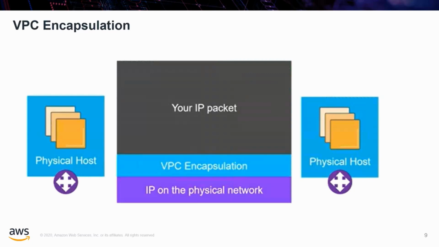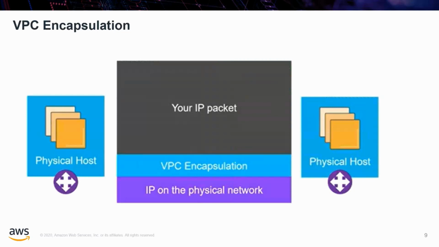You can actually see that from a virtual machine perspective, the virtual machine doesn't even know that it's part of a virtual private cloud. When the traffic leaves your network interface, that's when AWS kicks in and puts this VPC encapsulation on, and then references its internal VPC routing tables to determine which physical server, which NIC this traffic needs to be sent to, and then the router sends it across to that specific physical server.